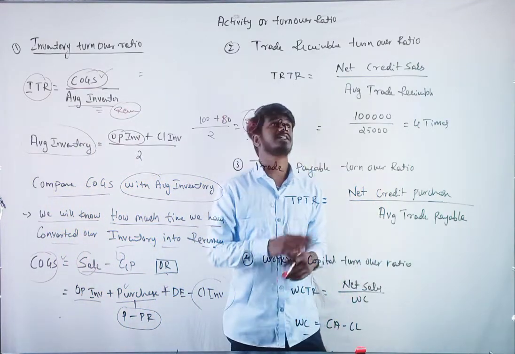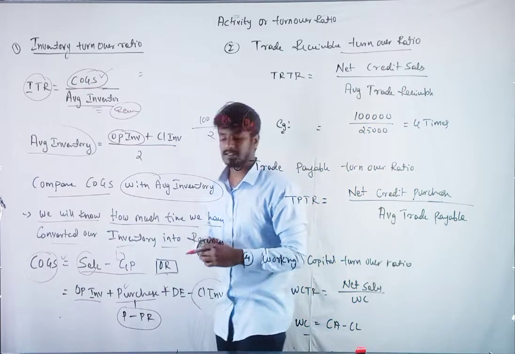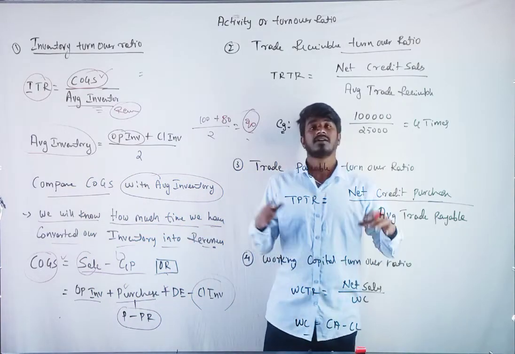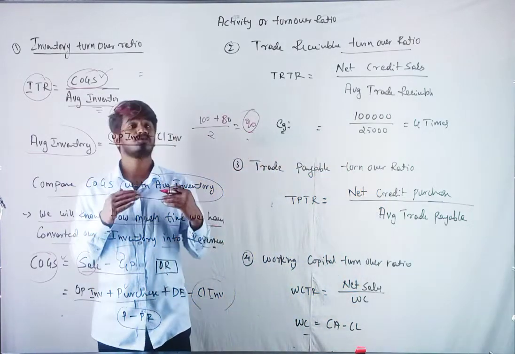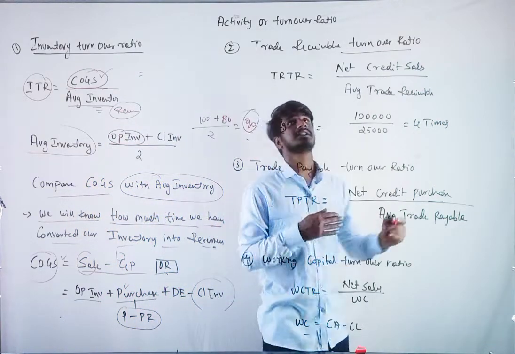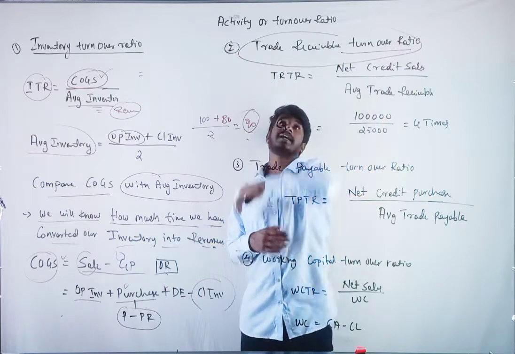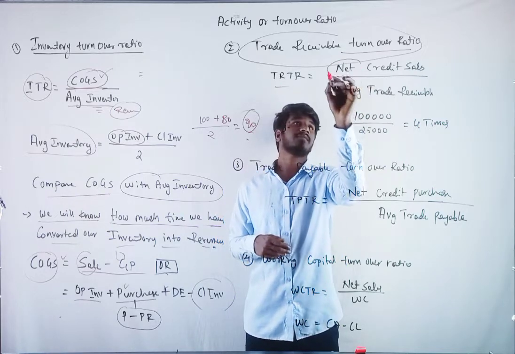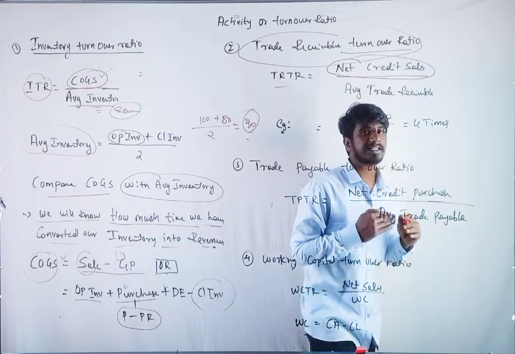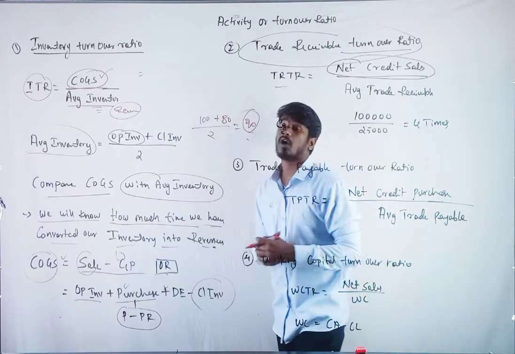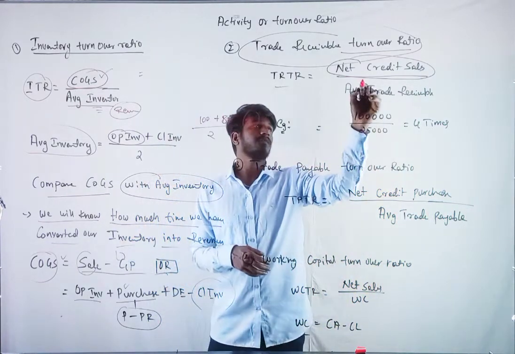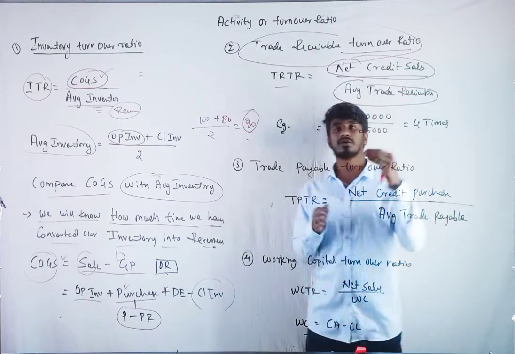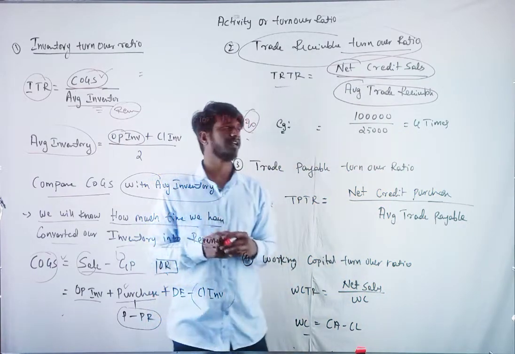The second one, trade receivable turnover ratio. Trade receivable turnover ratio means how frequently we will receive our money from the debtors. The formula is net credit sales, how much you have sold on the basis of credit, divided by average trade receivable, meaning at one time how much you will receive on an average.